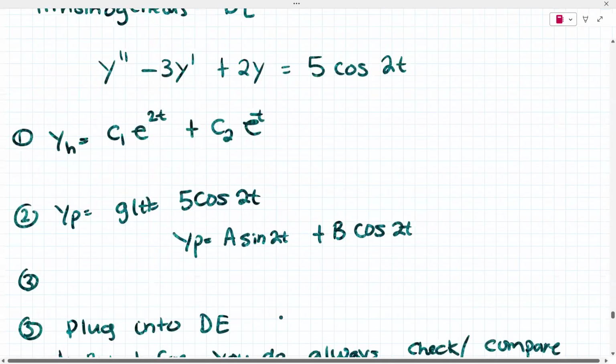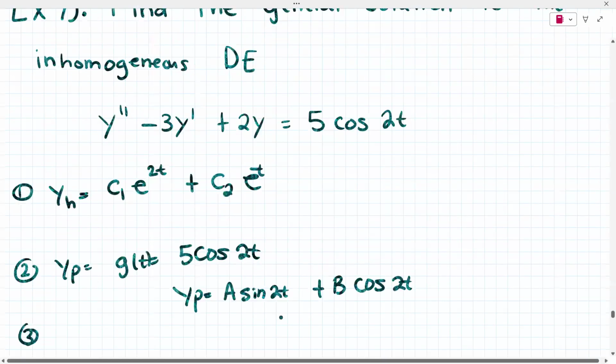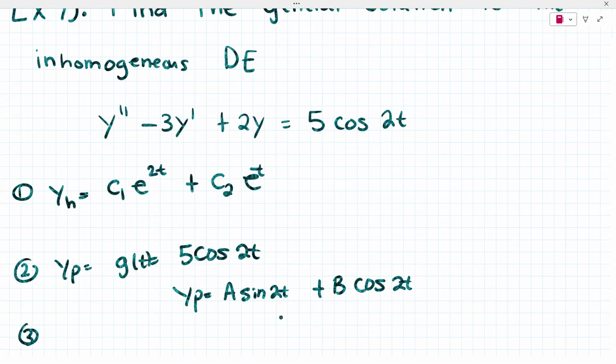So is your yp similar to your yh? Here's your yp, which is a sine of 2t plus b cosine of 2t. And your yh is c1e to the 2t plus c2e to the t. By the way, I skipped this step: this is going to be r squared minus 3r plus 2.